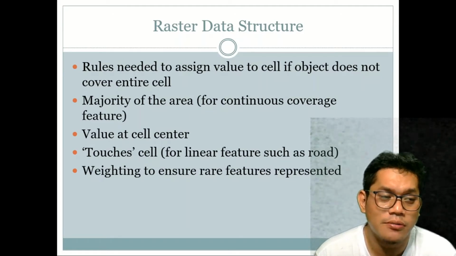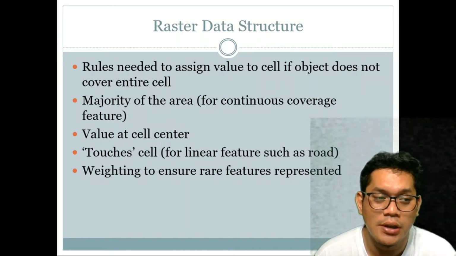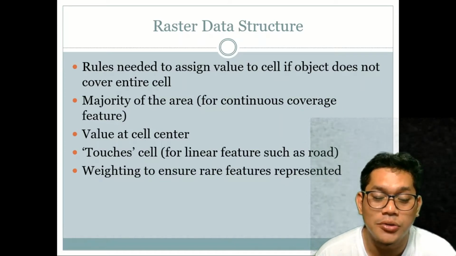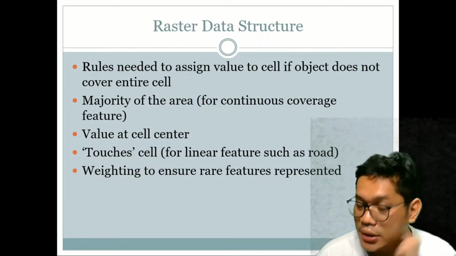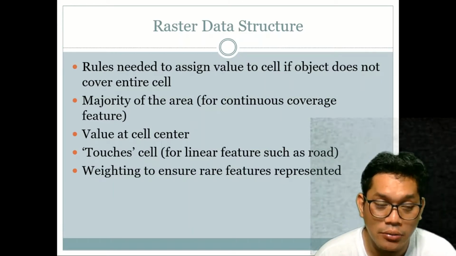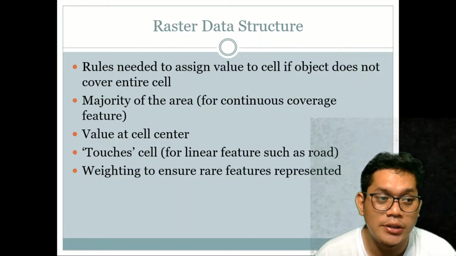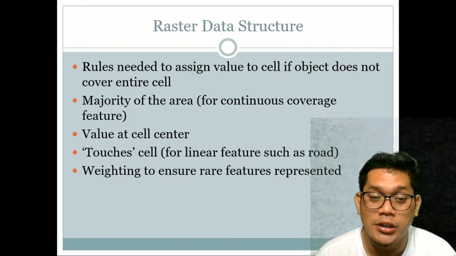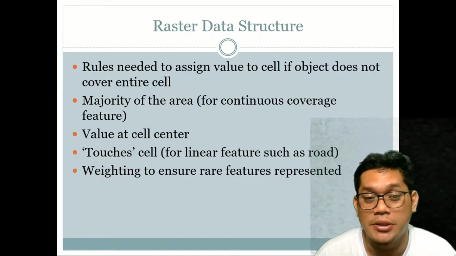The rule is basically about, when we transpose the real world into image pixels, the pixel will be assigned to a particular feature only if that feature covers most of the pixel. For example, with land use in the real world, when we put it into the raster image, if the boundary covers less than half of a particular pixel, we will not consider it part of the pixel, and the information will not be kept inside the pixel.